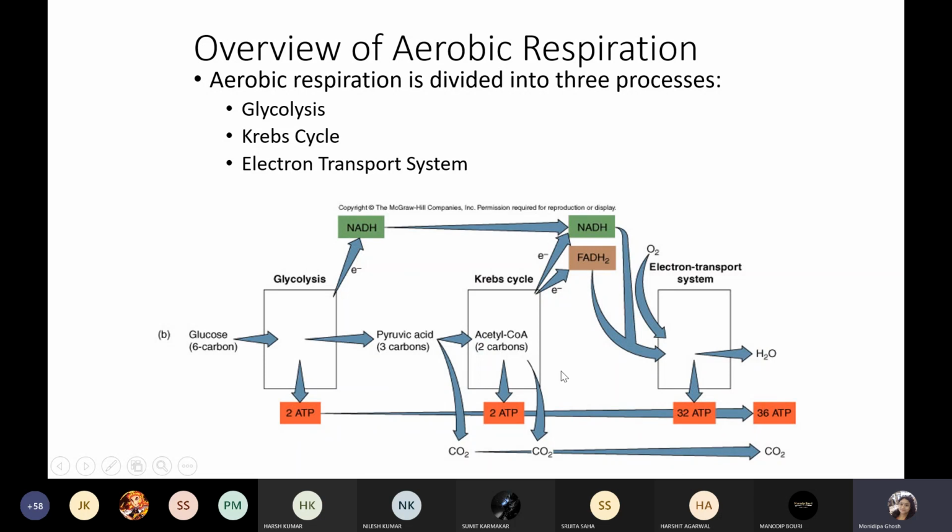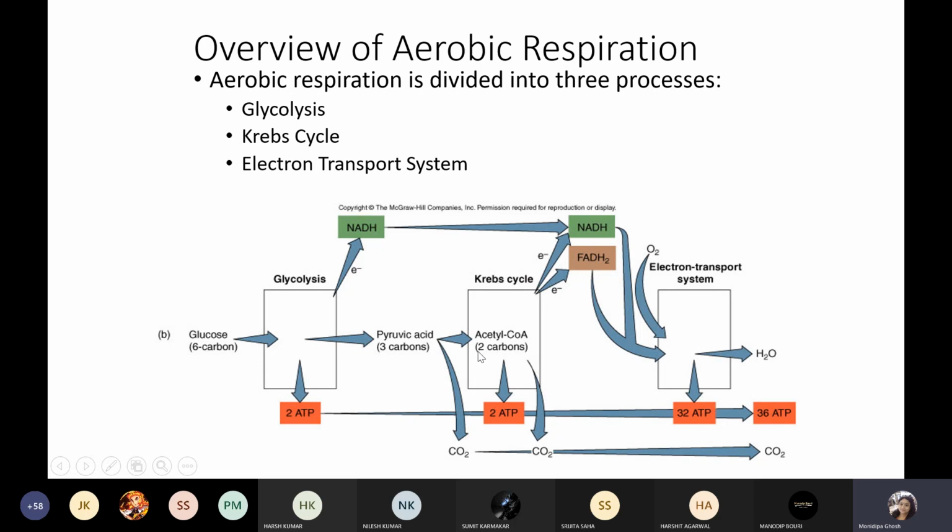Now in the second step, the acetyl coenzyme is produced by the activation of the pyruvic acid, and this 3-carbon pyruvic acid is converted to 2-carbon acetyl coenzyme.